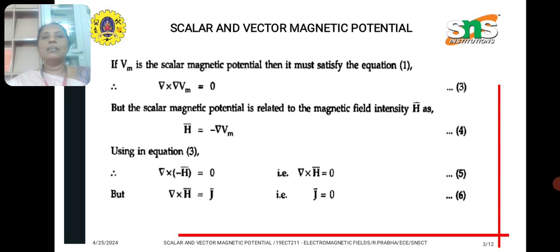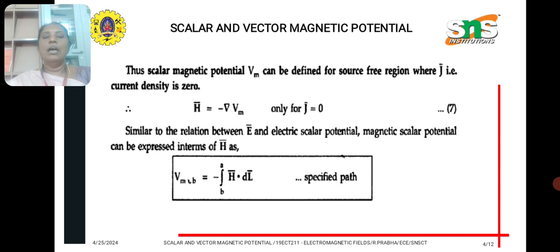But we know that according to Maxwell's equation, del cross H is equal to J. Since del cross H is equal to 0, this J is also 0, and the scalar magnetic potential Vm can be defined for a source free region, when J is the current density, by H is equal to minus del Vm.